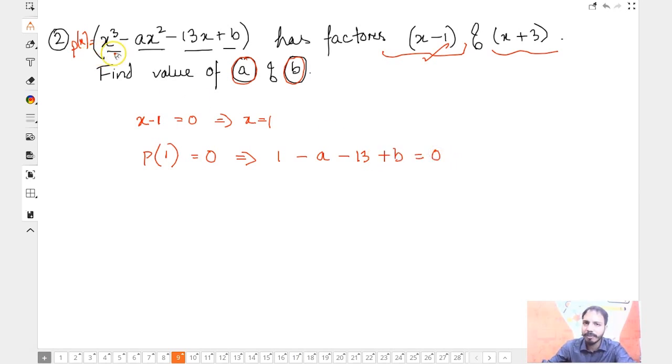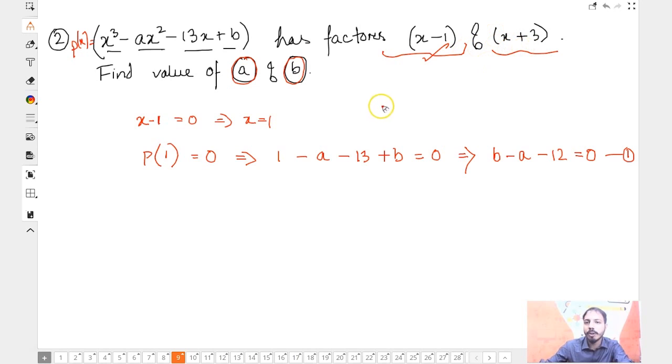So what I have done is I have just put 1 in place of x, and this is what I get. So from here, I get b minus a minus 12 equal to 0. So let us say this is my condition 1 or equation 1.